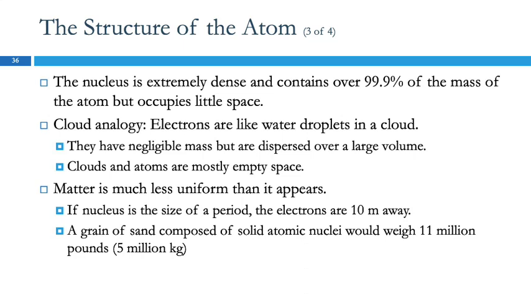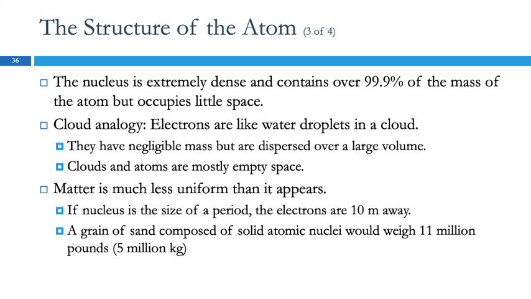So we learned that matter is much less uniform than it appears. There's an awful lot of empty space in matter. So if you had a nucleus the size of a period, printed period, little teeny tiny thing, the electrons would be 10 meters away. So here I have a meter stick. Okay. So let's start at the door.